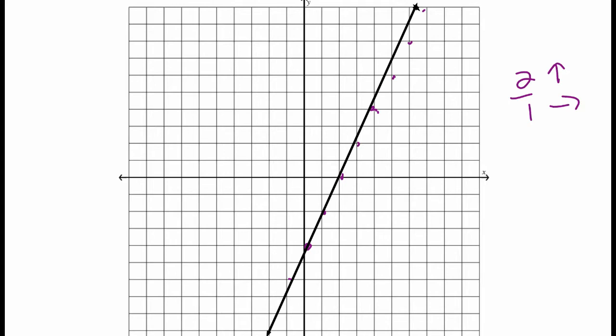There is approximately my line. It's a little hard to do on the computer. Let me just get it perfect. I want to go up 2, right 1. Plot the points, and you'll be good to go.